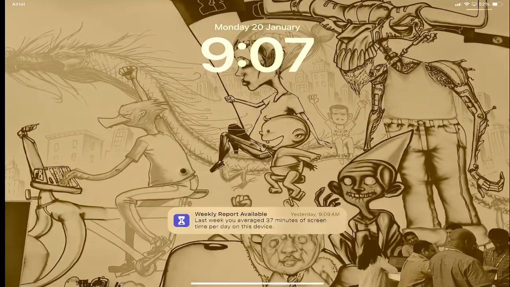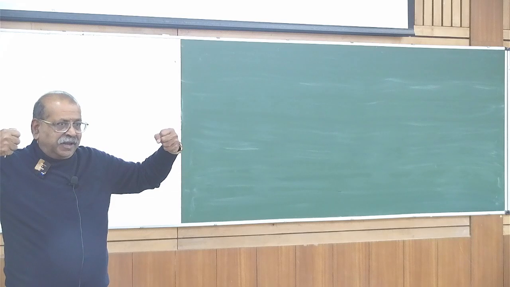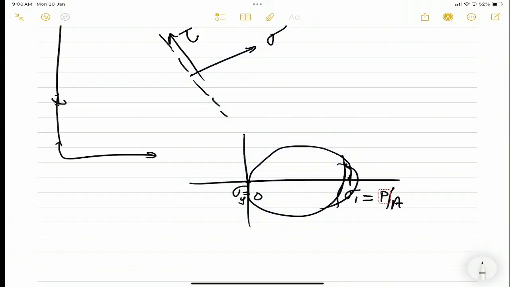Sigma xx is equal to P by A, sigma y is 0, and there is no tau. So, the 2 points we start with on the Mohr circle are basically sigma, P by A and 0, and then I have to draw the circle here. So, this is the actual loading for a uniaxial stress.